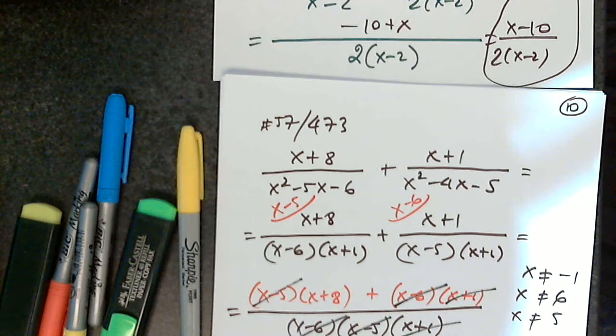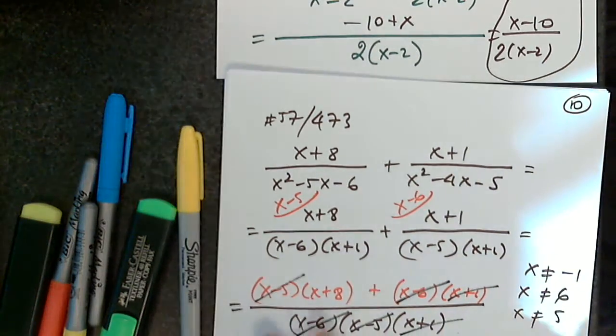What is wrong with this? Doing that, what I just did? They're not factors. This is not a factor up here so that I can cancel with x plus 1. X minus 6 is not a factor up here so I can cancel it with x minus 6. And x minus 5 is not a factor up here to cancel it. So that's the reason why I don't write that.